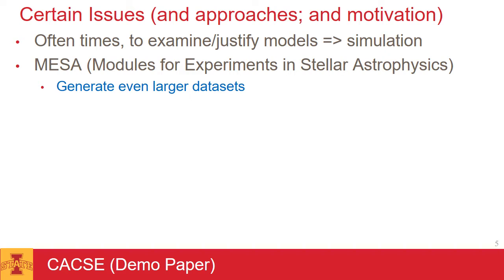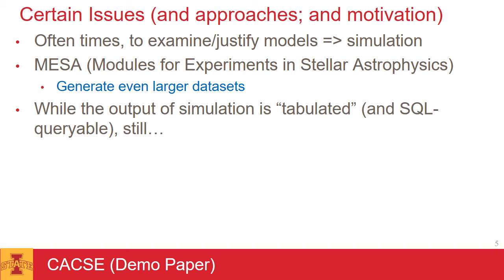And by way of MESA, one can generate much larger data sets than the ones that observational astrophysics can actually record. Now, quite often, the output of those simulations may be tabulated, maybe even SQL queryable. The problem, though, is that the analytics tools for such data are still in their infancy.